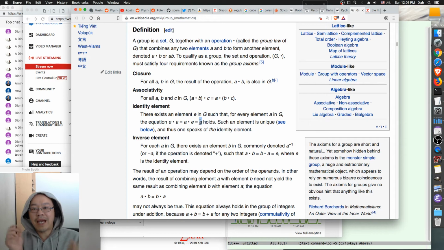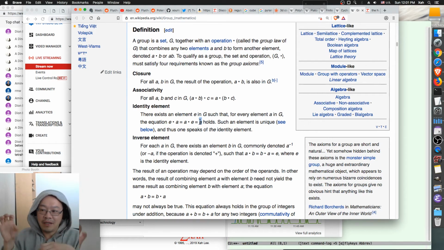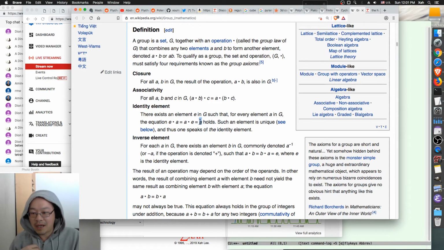We call it the identity element, such that when you apply the binary operation of it and any other element, the result is the other element.